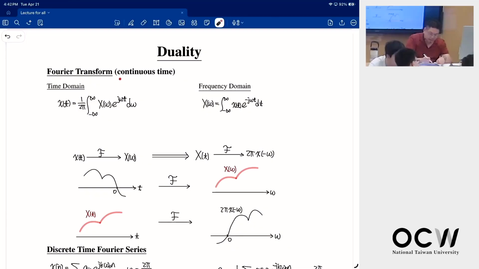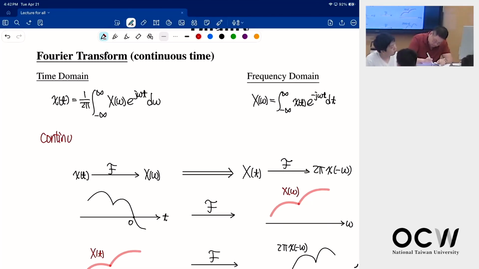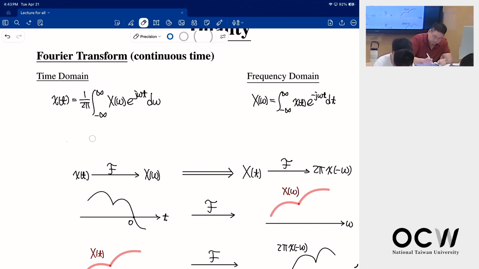It is continuous time. So here, the signal is continuous. Periodic or aperiodic?